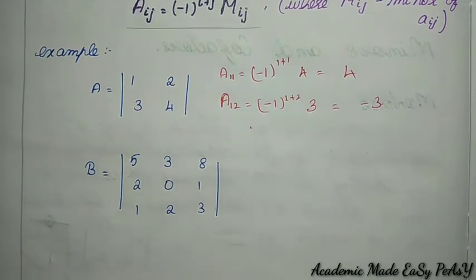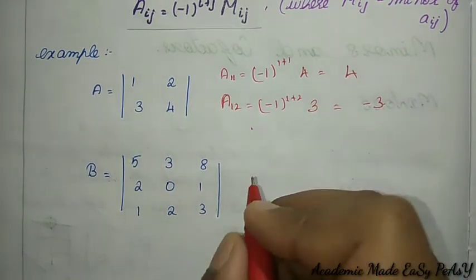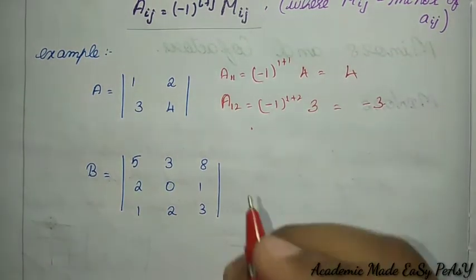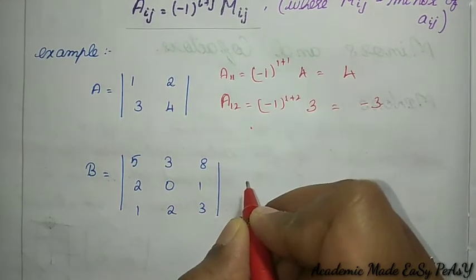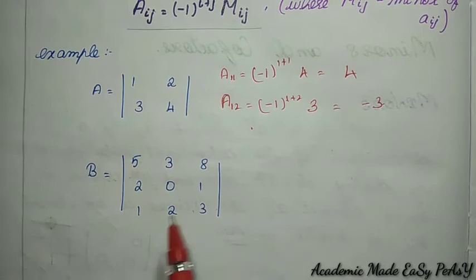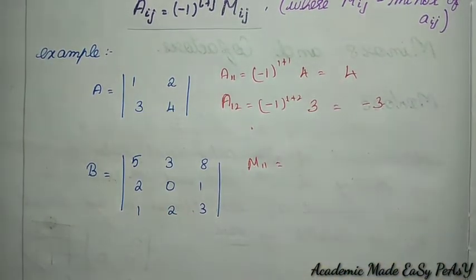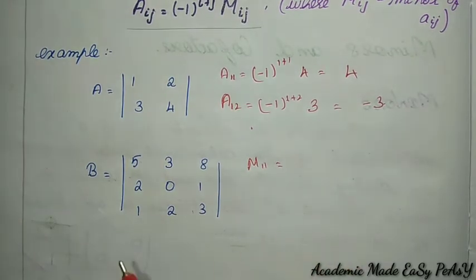And now we have to find the cofactor for this matrix B, which is of order 3 by 3. So now first we have to find the minor for this. So M11 is equal to, so hereafter we will be doing it in such a way only. So for adjoint, everything for the upcoming topics also we will be doing directly.